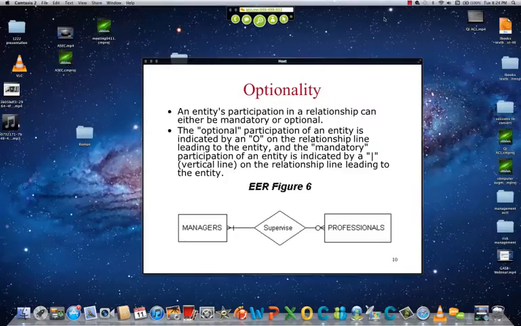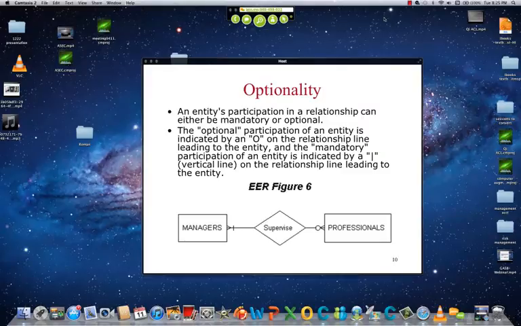0 means that this is optional. So for example, suppose you have a newly hired manager, and he doesn't supervise anyone. You want to allow in your business model the fact that you can have a manager who doesn't supervise anyone, just a new manager, no one was assigned to this manager. So you put here 0.